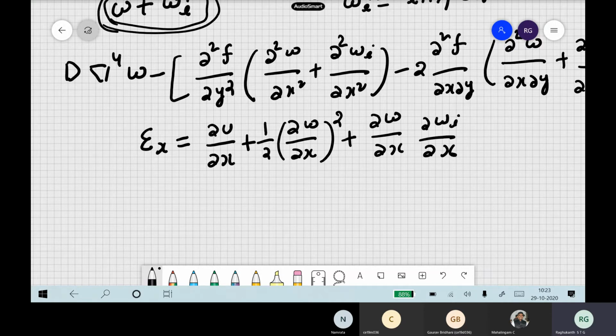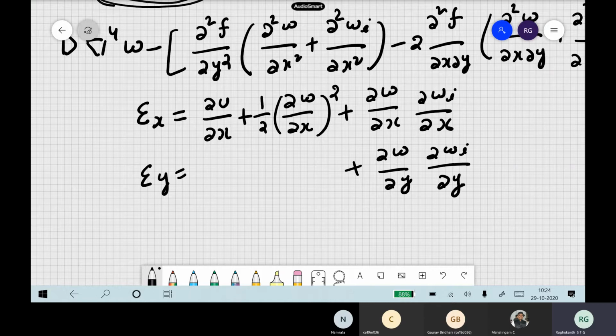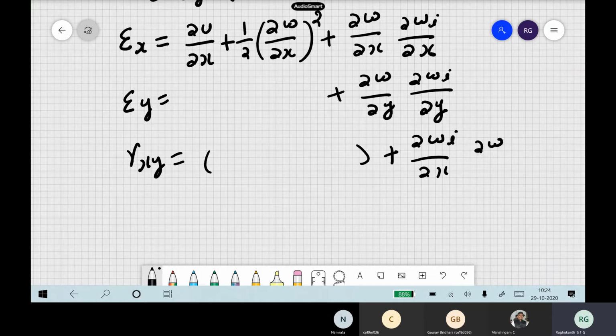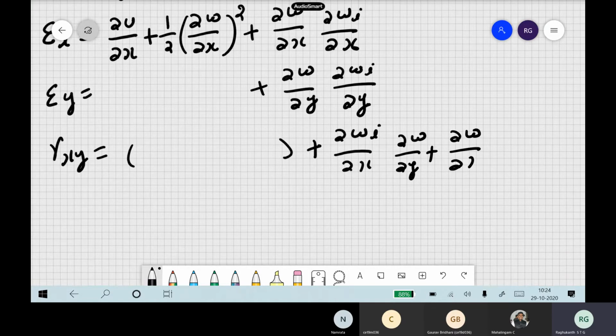All these strain displacement relations have some extra terms to be incorporated, like ∂w/∂y and ∂wi/∂y. Even for shear strain, we have the old expression plus some additional terms: ∂wi/∂x times ∂w/∂y plus ∂w/∂x times ∂wi/∂y. So like that, extra terms come into the picture.